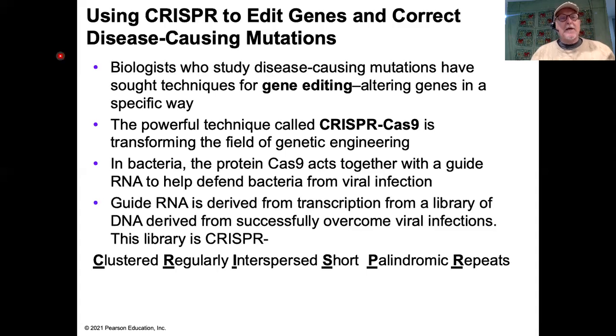But in bacteria, a system is present which recognizes a specific DNA sequence and cuts at that particular sequence. We've already heard one example of this, and that is the use of restriction enzymes.